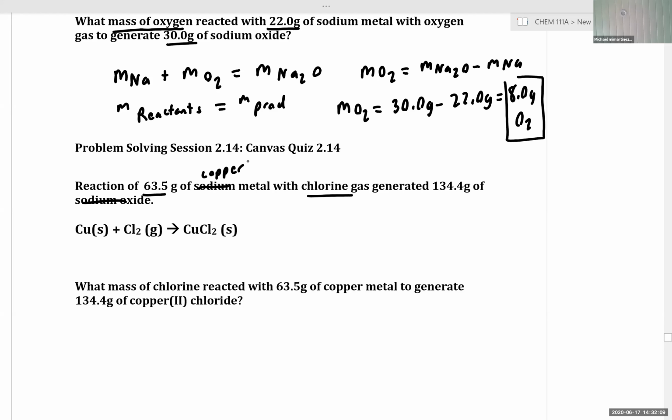A reaction of 63.5 grams of copper metal with chlorine gas generated 134.4 grams of copper chloride. And we're asked in this problem to figure out what mass of chlorine reacted with 63.5 grams of copper to generate 134.4 grams of copper 2 chloride.